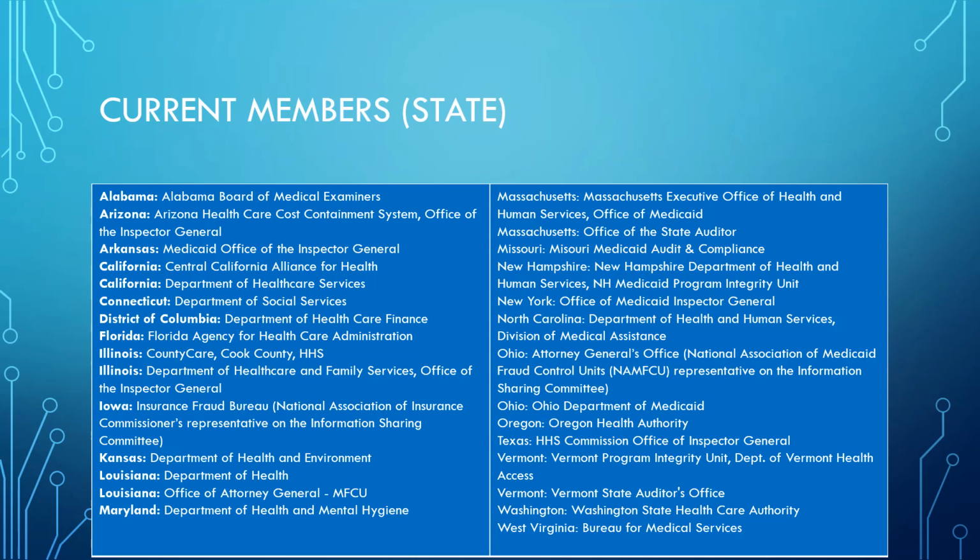Various state governments and organizations are also involved. We can see Alabama, Arkansas, Arizona, California, Connecticut, District of Columbia, Florida, Illinois, and if you go down the list, you will see that many, many states have their healthcare programs and their law enforcement programs part of this partnership.